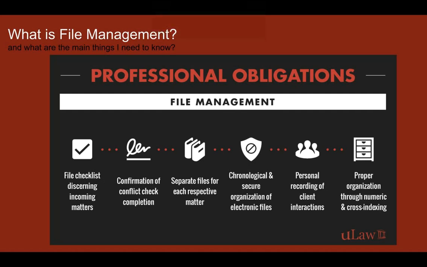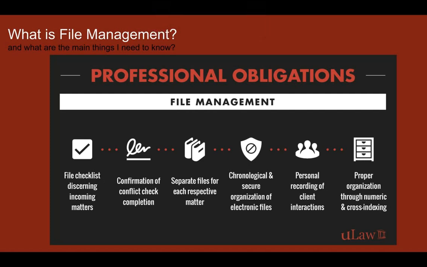And while that is being done, the file checklist is where you kickstart proper file management, moving on to using a separate file number for each and every file or matter that you maintain in your firm. Now, a client can come to you with two issues.